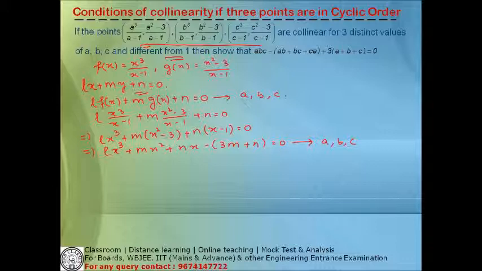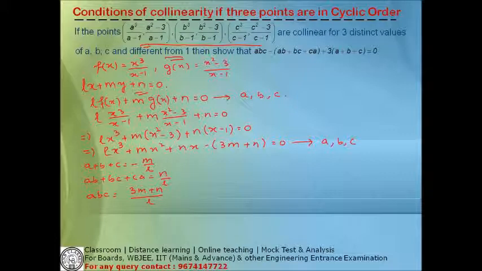So the sum of the three roots is minus m by l. The sum of the roots taken two together is n by l, and the product of the three roots is nothing but (3m plus n) divided by l, right?